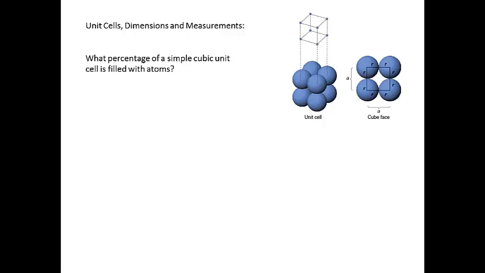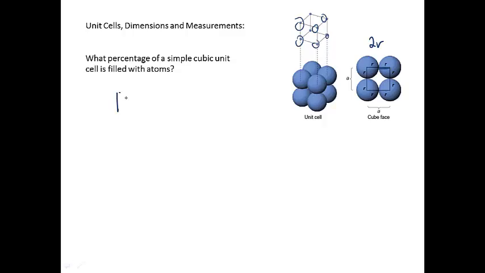Okay. Now, let's go ahead and do some things with these. What percentage of a cubic unit cell, that is an atom on each corner, nothing else going on, is actually inside the unit cell, inside that box? What we do is we call the unit cell edge length 2r, where r is the radius of the atom.